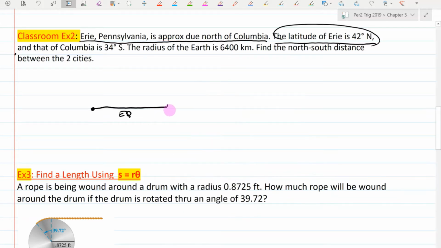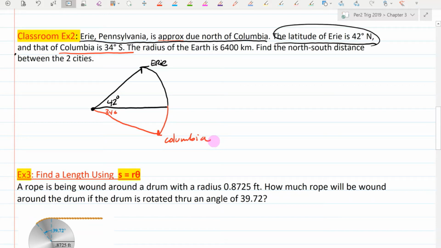And Erie is about 42 degrees north. All right. Columbia is 34 degrees south. Okay. This is Columbia.